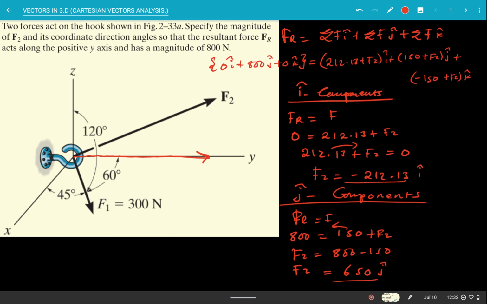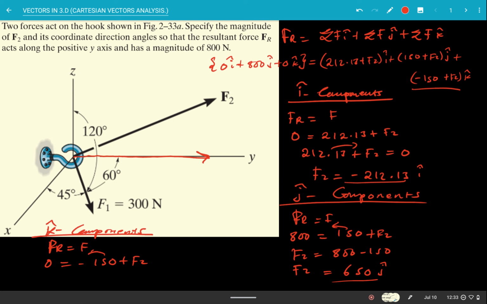Now the last thing we need to find is in the K. So in the K component, let's look for the K component. Remember, it's the resultant being equal to the given. So in the K, we have 0. So it's going to be 0 being equal to the values in the K, which is minus 150 plus F2.